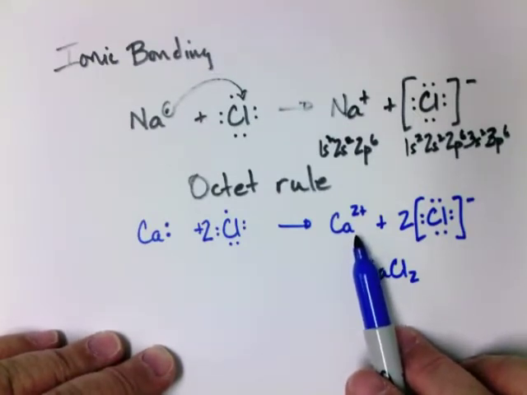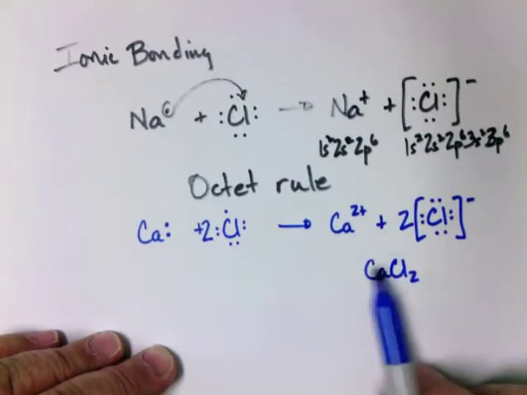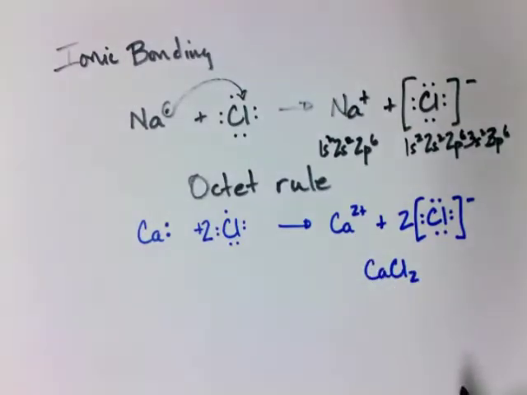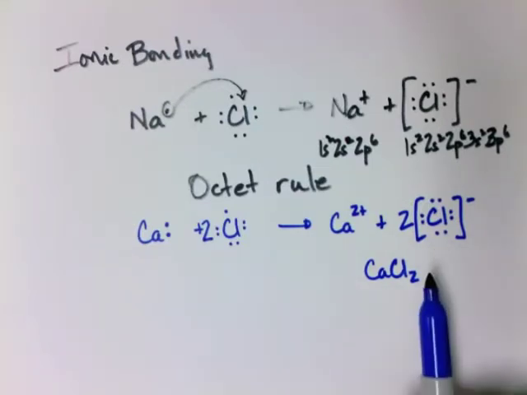And that's how we get our calcium chloride. So, in ionic bonding, a metal generally is going to donate or transfer one or more of its electrons to a nonmetal, typically, so that both achieve full outermost s and p subshells.